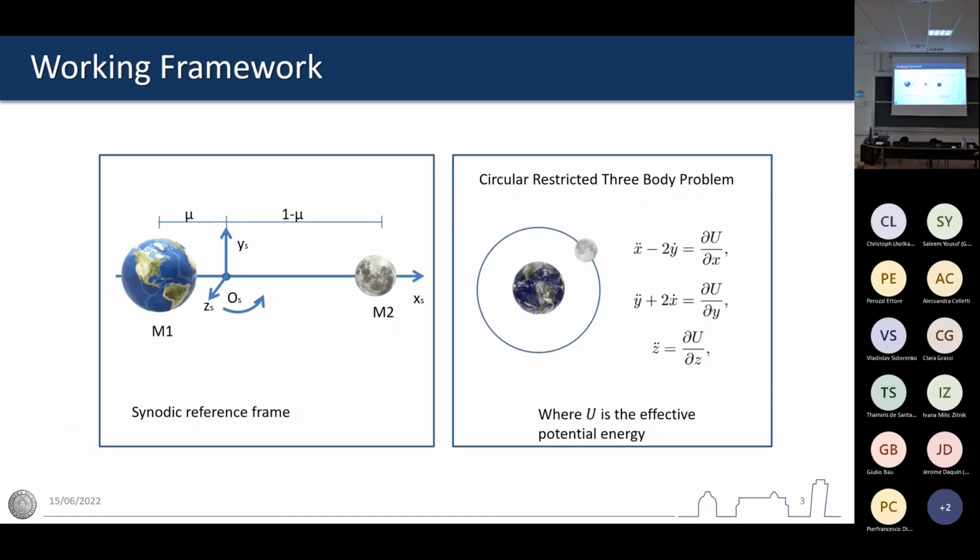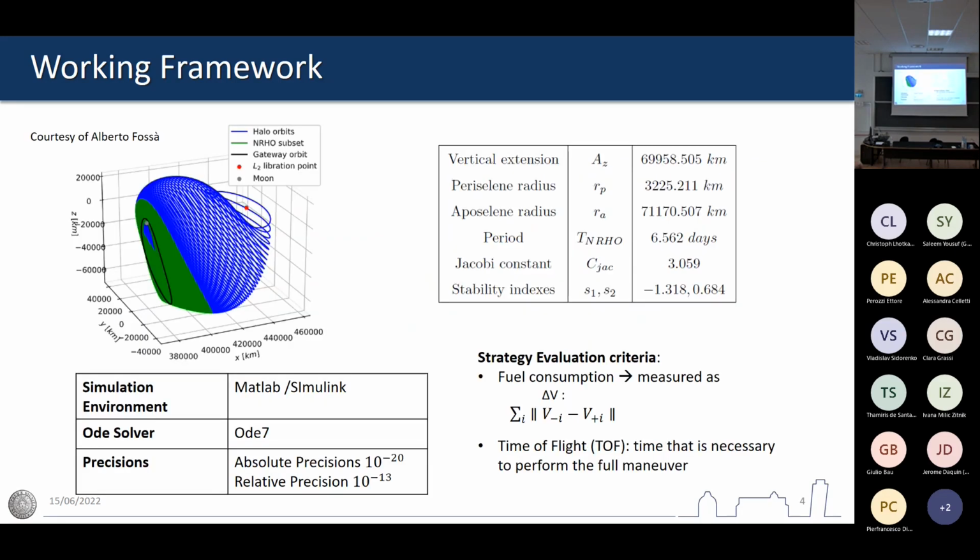The working framework is well known, because I work in the circular restricted three-body problem, which for a preliminary design is very useful and very common in the literature. And I work in the synodic reference frame, a rotating reference frame between the Earth and the Moon.